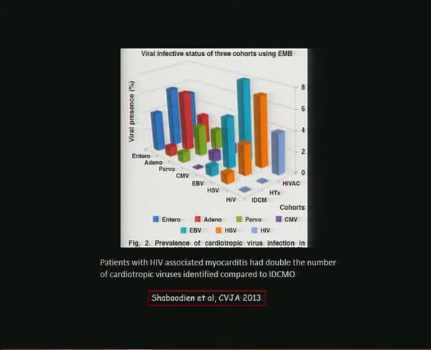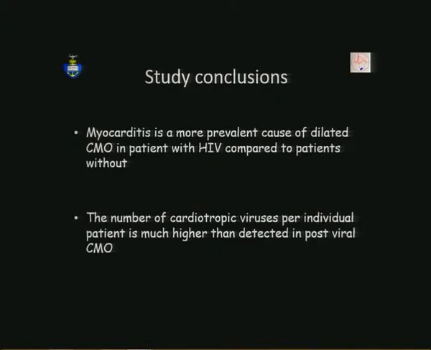So in the far right here is the HIV-associated cardiomyopathy, and basically what it says is that we found, in fact, 6 panels of cardiotropic viruses, as opposed to the idiopathic group, where generally speaking we found between 2 and 3 different types of cardiotropic viruses per specimen.